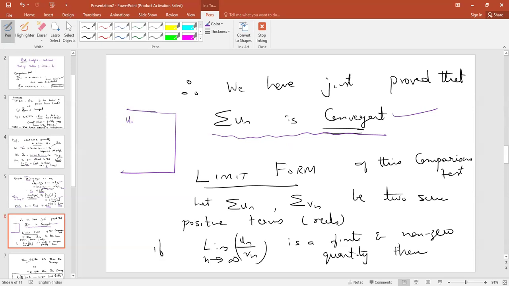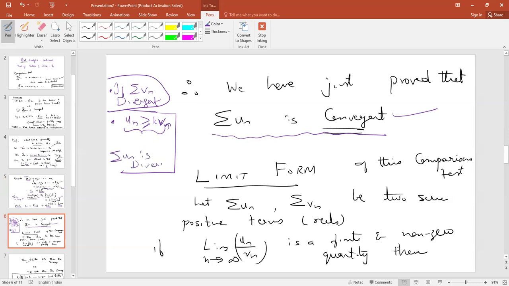the condition if un is greater than or equal to k times vn, in which case this has to be the condition if summation vn is known to be divergent, if this is one condition, and also the second condition that corresponding terms are greater than corresponding terms in Vn, then we can conclude summation un is divergent.